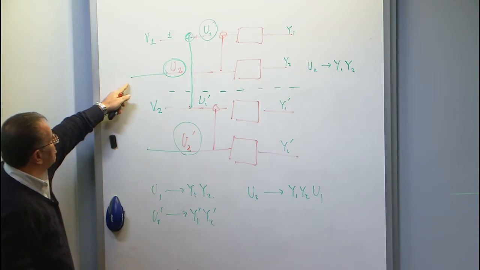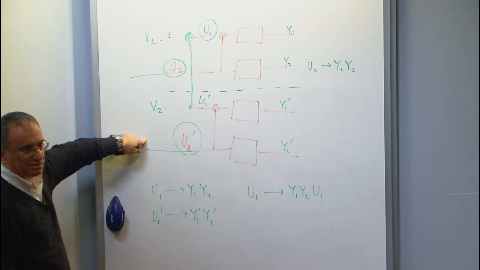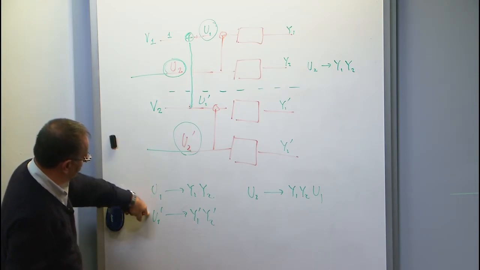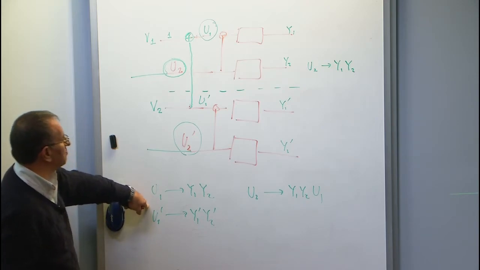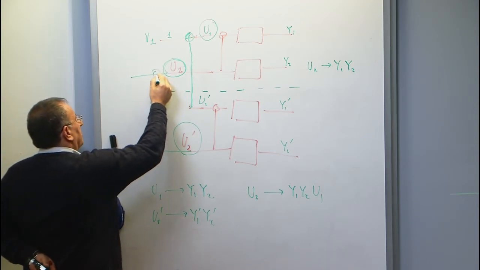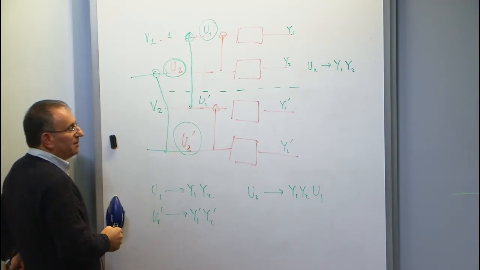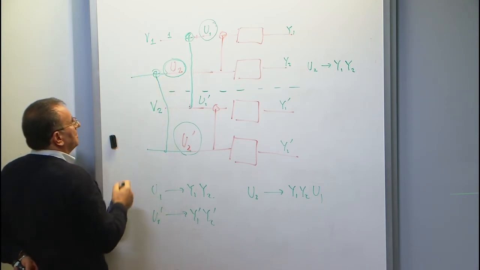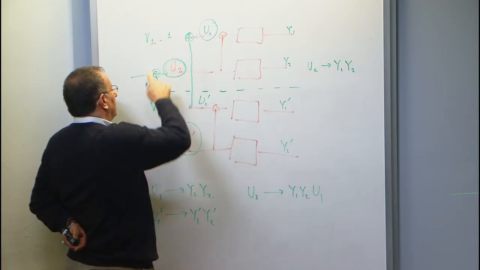Why not do the same thing simultaneously on these two bit channels as well? We had these two virtual channels that were created, and we combined and split them. Why not do the same thing on these ones as well? Like that. Does this combining operation here perturb the decoding on V1 and V2?